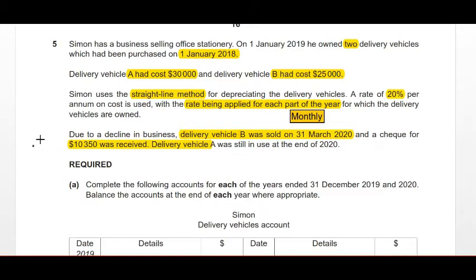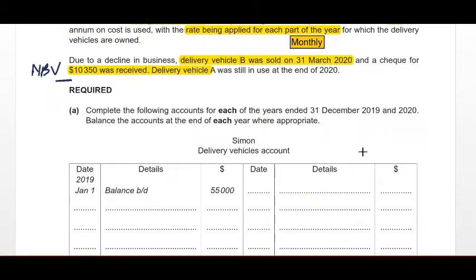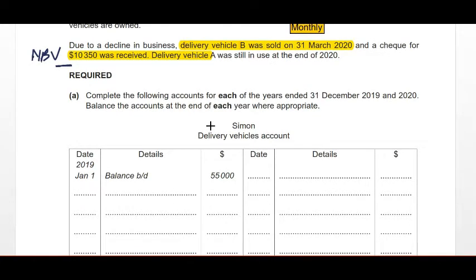So whenever the net book value is greater than the selling price, that means that you have sold it on a loss, and whenever your selling price is greater than net book value, that means that you have made a gain on disposal. Now moving on with the question, complete the following accounts for each of the years ended 31st December 2019 and 2020. Balance the accounts at the end of each year where appropriate.